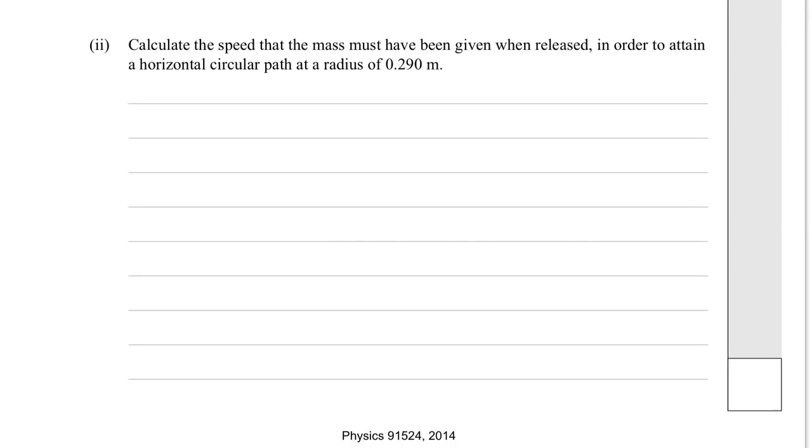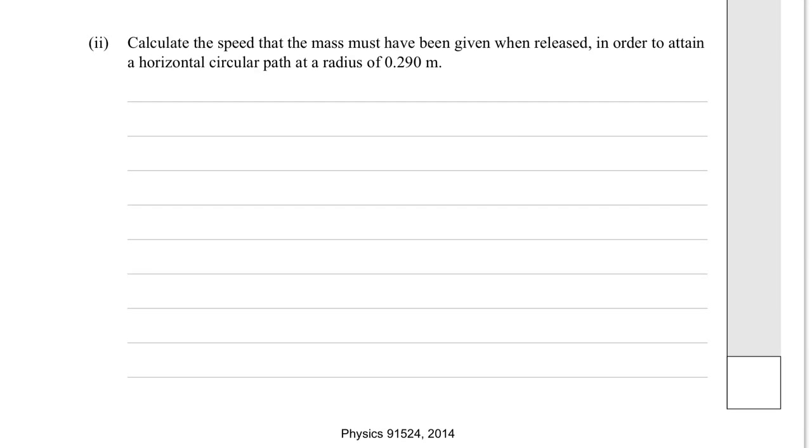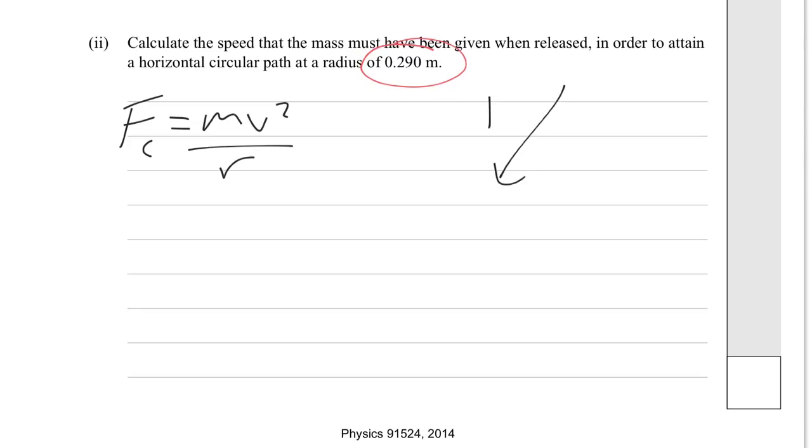Part 2 says calculate the speed that the mass must have been given when released in order to attain a horizontal circular path at a radius of 0.290 metres. So we're talking about centripetal force here, and we're talking about that v in there. The centripetal force we can calculate. We've got the tension force, and we've got the angle. So the horizontal component of that tension force is going to be Fc. The vertical component is equal and opposite to the force due to gravity.